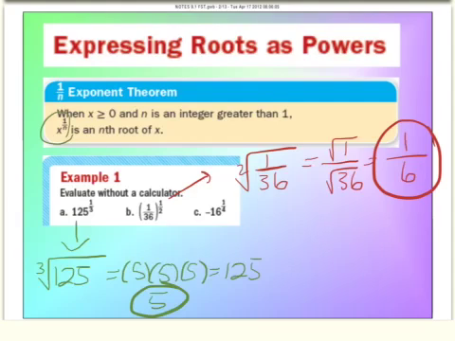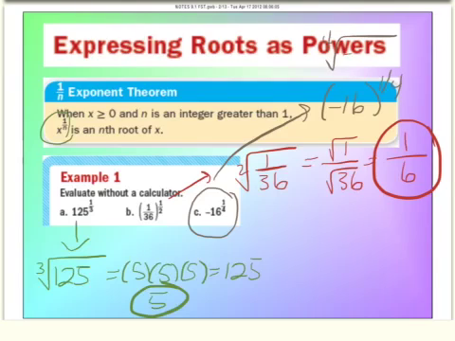Now, part C, this third one here, they want us to find negative 16 to the 1/4 power. Be very careful with this one. This negative has nothing to do with the 1/4 power. If they had written this problem with the negative inside parentheses, then this would have meant the 4th root of negative 16.